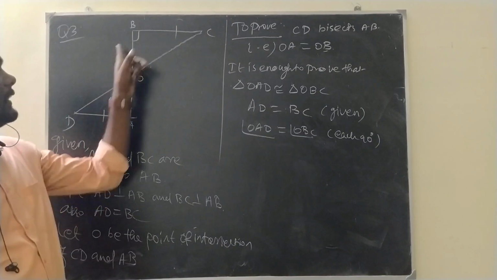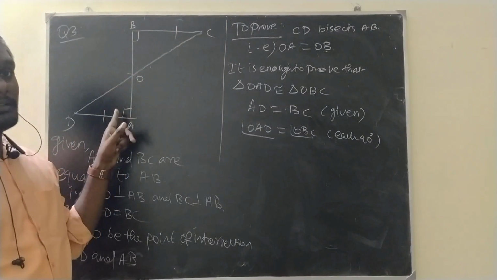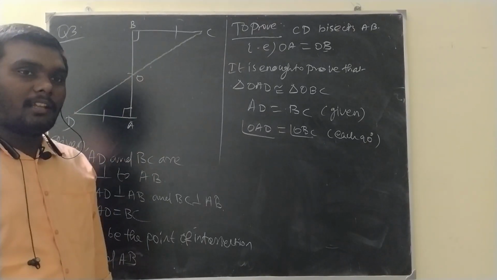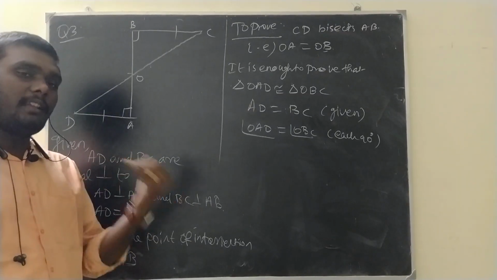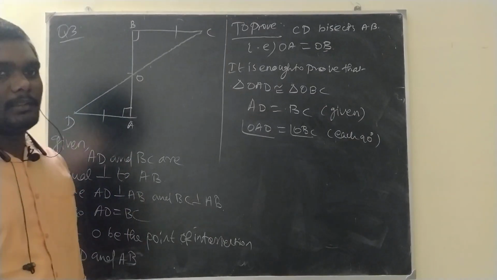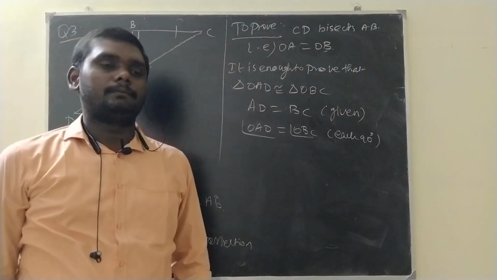For lines AD and BC, this AB works as a transversal, and we have alternate interior angles equal. By the alternate angles theorem, if alternate interior angles are equal, you can say the lines are parallel. After that, you can say these two angles are equal. That is taking a long way.